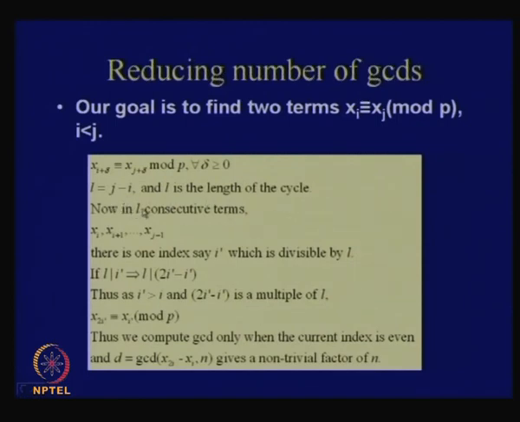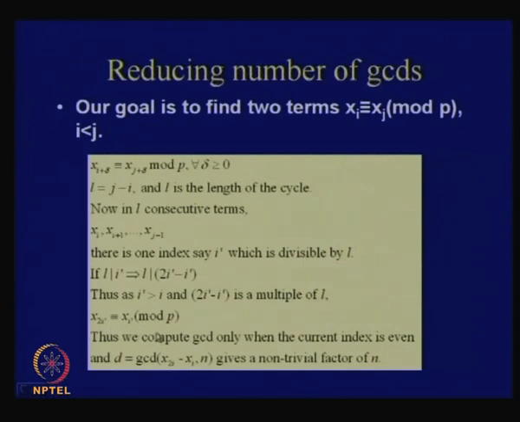Now in L consecutive terms, like xi plus 1 and so on till xj minus 1, there is one index, say i', which is divisible by L. If L divides i', then L also divides 2i' minus i'. Thus, as i' is greater than i and 2i' minus i' is a multiple of L, x of 2i' will also be congruent to xi' modulo p.